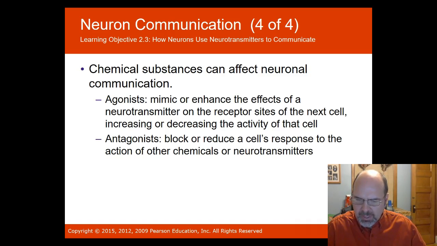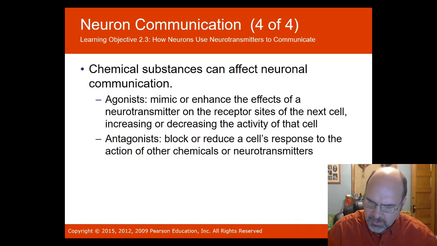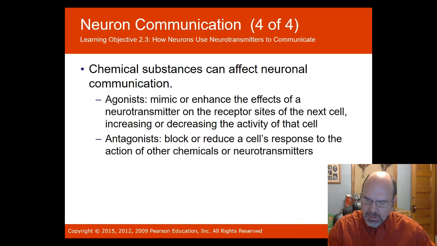It actually speeds up the effects of neurotransmitters and can cause a person to go into convulsions. An antagonist is a chemical that blocks or reduces a cell's response to the action of other chemicals or neurotransmitters. For instance, the South American blow dart poison, curare, blocks the effects of neurotransmitters and causes paralysis, and that would be a chemical substance that is an antagonist.